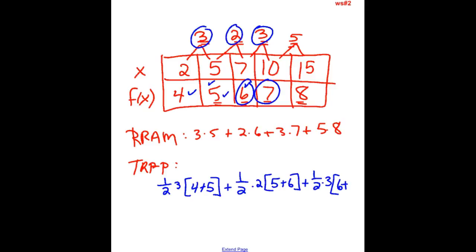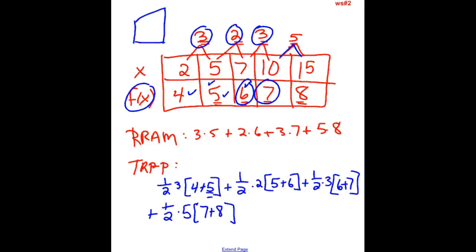And again, the heights, or the f of x's, are giving you those base lengths for your trapezoid, and the change in time is giving you your height of every trapezoid. So it'd be 1/2 of 3 times 6 plus 7, plus 1/2 of 5 times 7 plus 8. You really can't clean it up. Yes, these are all getting doubled in here still, all but the bookends, but the multiplier out front is different because the heights are not uniform.